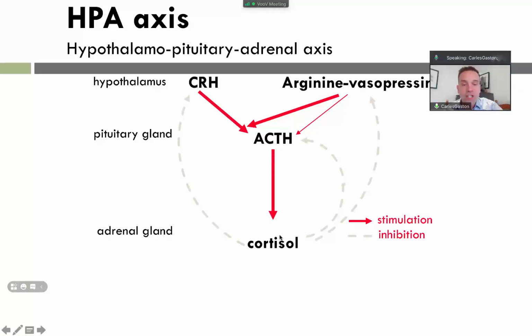ACTH in the circulation will activate cortisol production in the adrenal glands, and these high levels of cortisol will have an inhibitory feedback effect on the production of CRH and also arginine vasopressin, right? So the more cortisol is produced, it tells the brain not to produce so much CRH, and less ACTH. So this is an auto-regulatory loop.